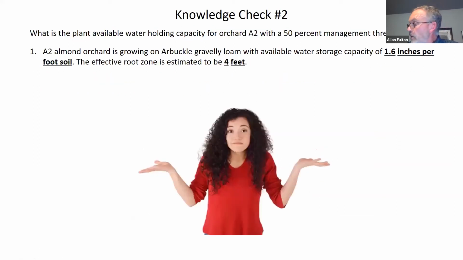So I'm going to take another knowledge check here and ask you to consider this question. Second orchard, A2, an almond orchard, is an Arbuckle gravelly loam with available water storage of 1.6 inches per foot. Our best estimate is the effective root zone is 4 feet. What is the plant available water given that set of conditions?